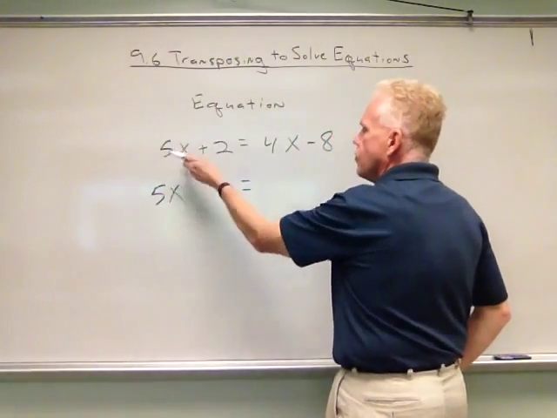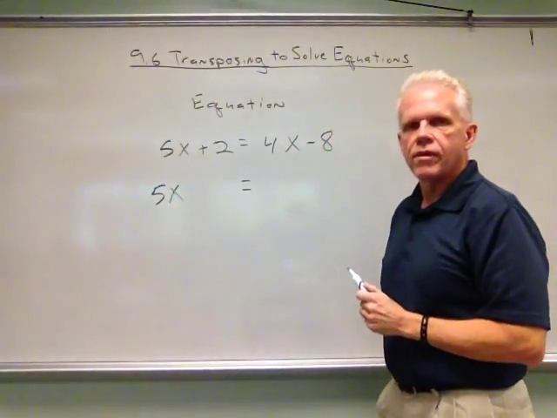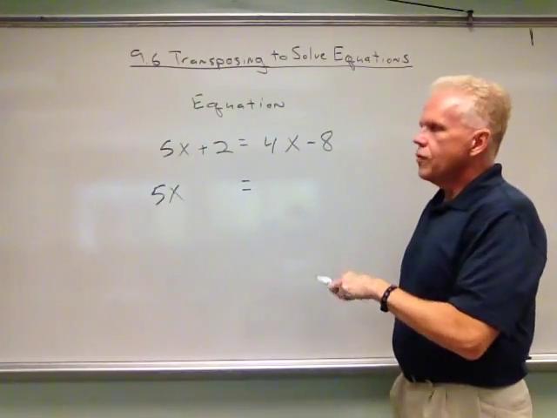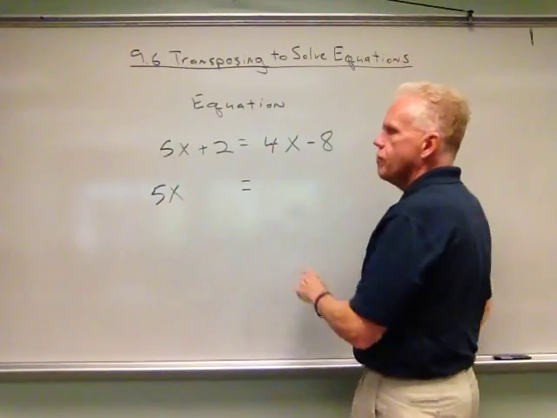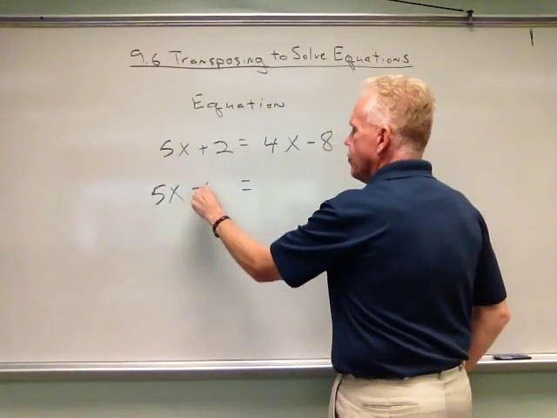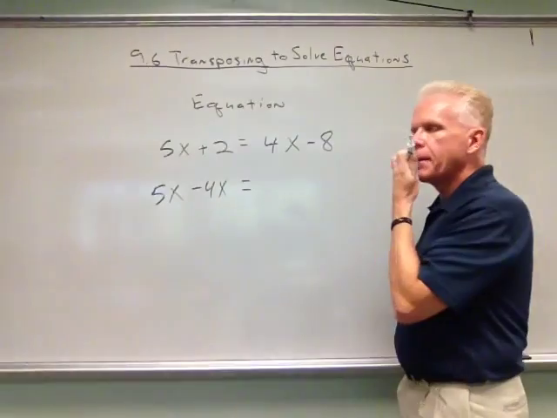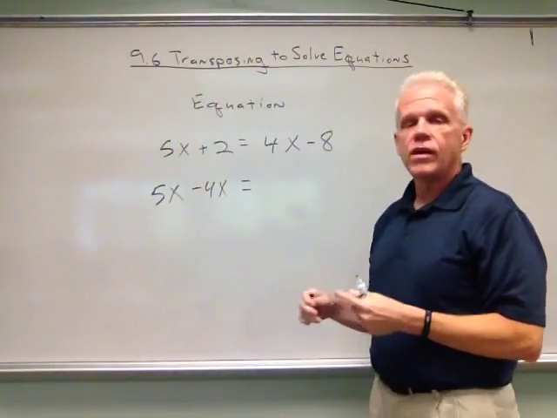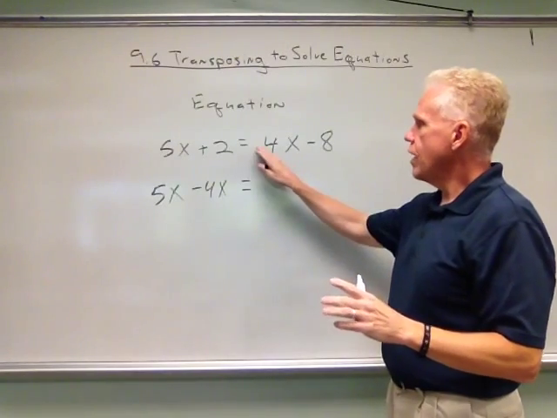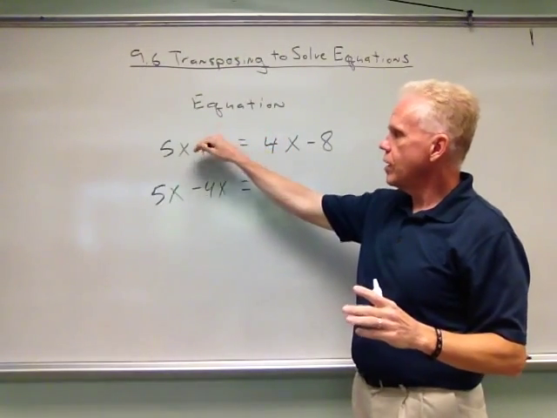We're going to move the 4x across the equal with the 5x. The only thing is, when we move it across the equal, we have to change it from a positive 4x to a negative 4x. So the rule with transposing is, when you move something across the equal, you have to change the sign, whatever it is.